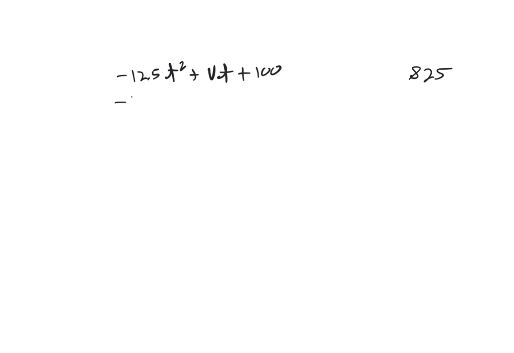Going into vertex form, we have negative 12.5 times t squared, minus v over 12.5, which is the equivalent of plus v over negative 12.5, times t.